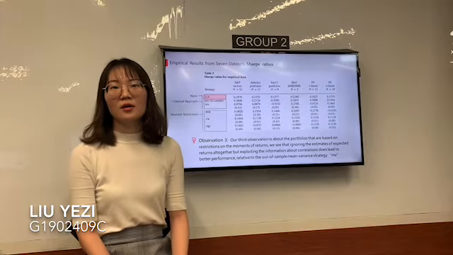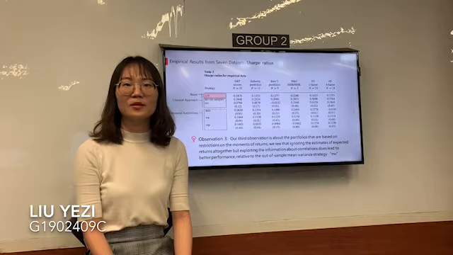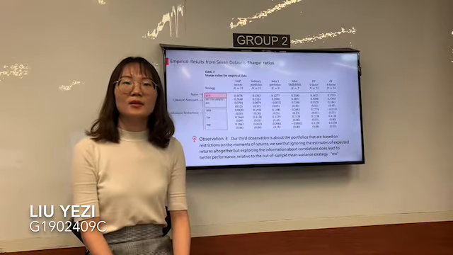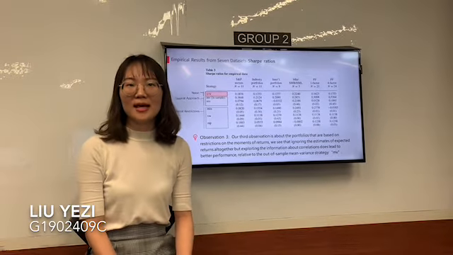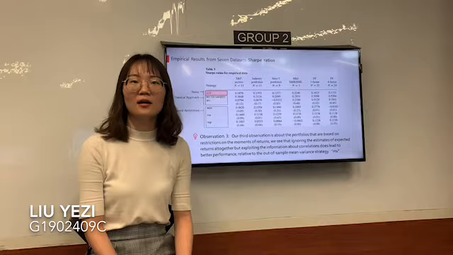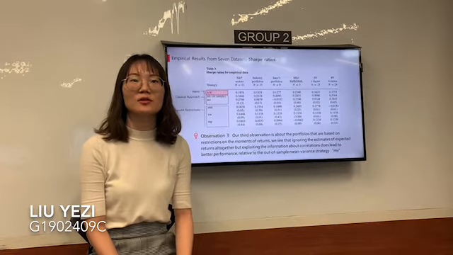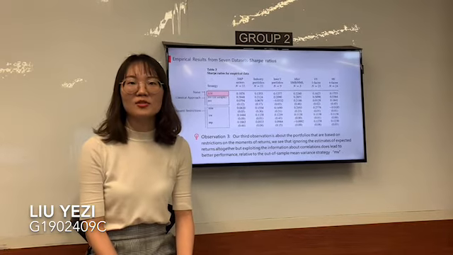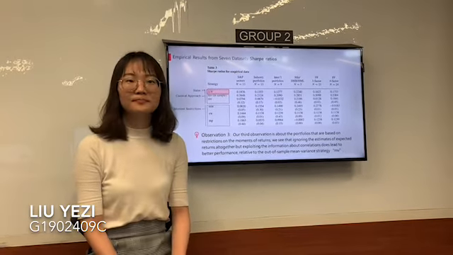Our third observation is that the portfolios that are based on restrictions on the moments of returns, if we ignore the estimates of expected return altogether but exploit the information about the correlations, do lead to better performance relative to the out-of-sample mean variance strategy, MV.